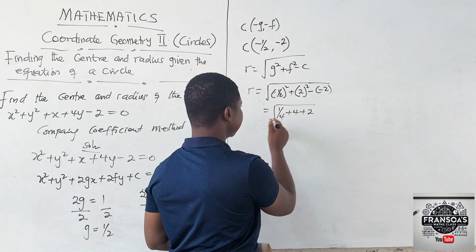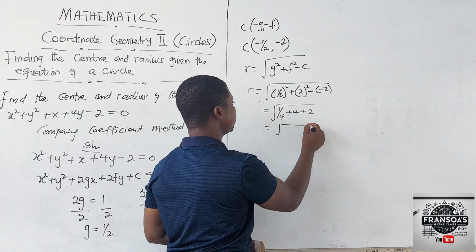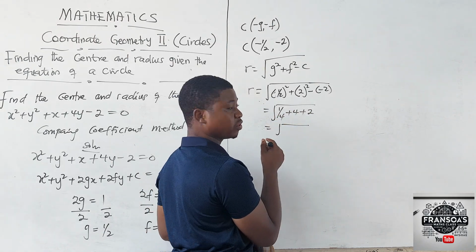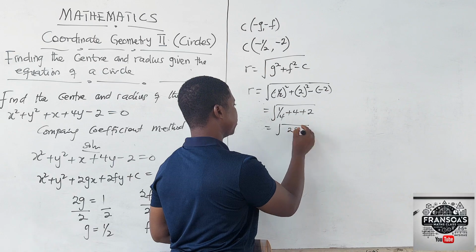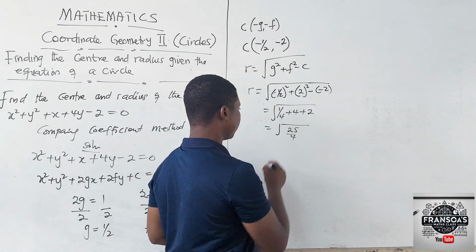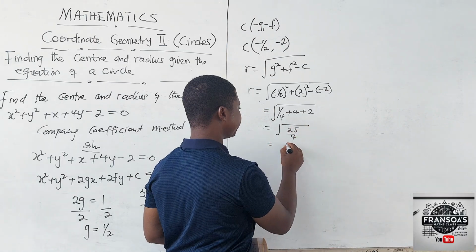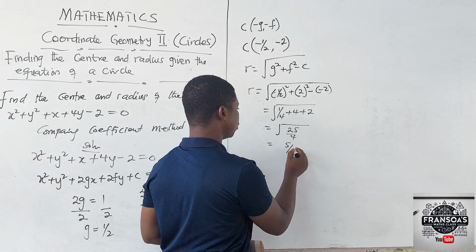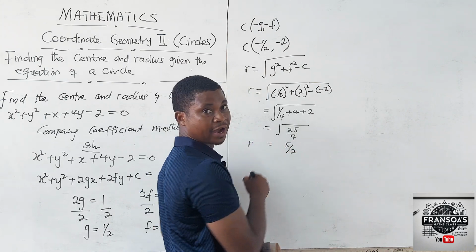This will give you 6 and this will give you 1/4. So 1/4 plus 6 gives 25 over 4. The square root of 25 is 5 and the square root of 4 is 2. So our radius is 5 over 2.